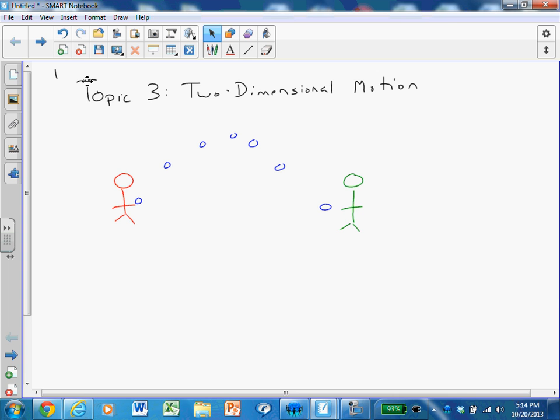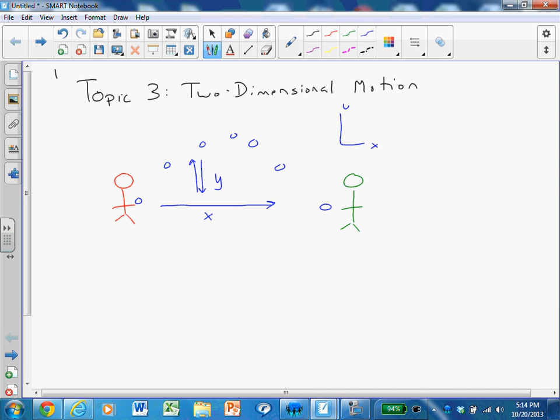And so this ball has movement in both the X direction and up and down in the Y direction. So it's both X and Y.